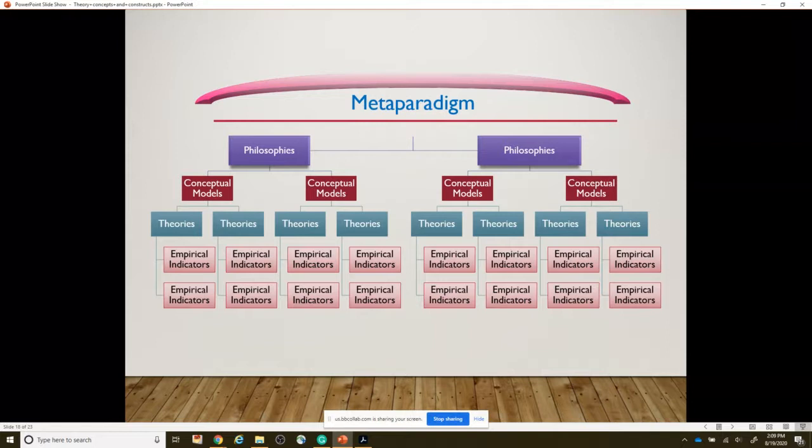Then you take it down to our philosophies within nursing, which can then take you to conceptual models or frameworks, which lead to theories, and then to empirical indicators, which are the measurable aspects of those theories.